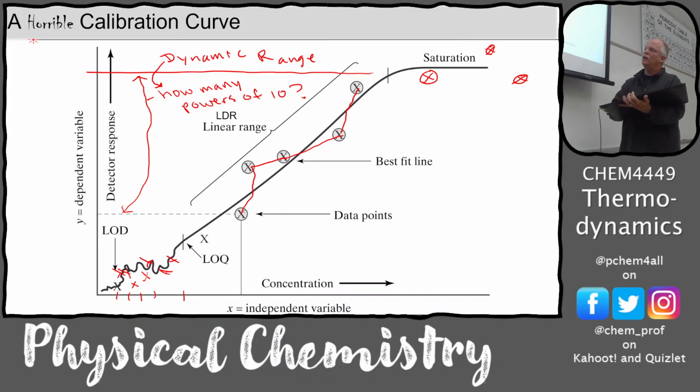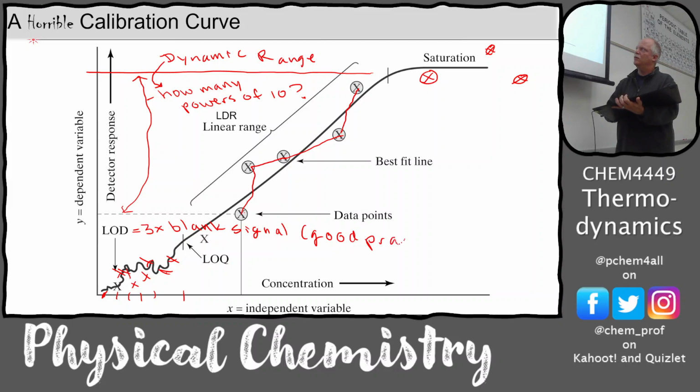Okay. If we were to take our blank value here at 0 concentration, 3 times that would be our limit of detection. So that's a good rule of thumb: LOD equals 3 times the blank signal. This is what they call general or good lab practice.